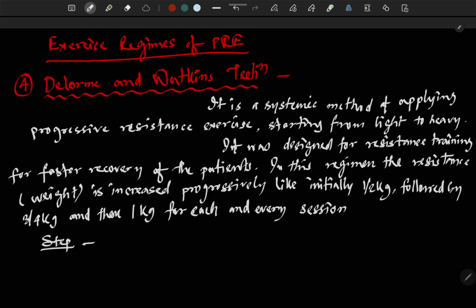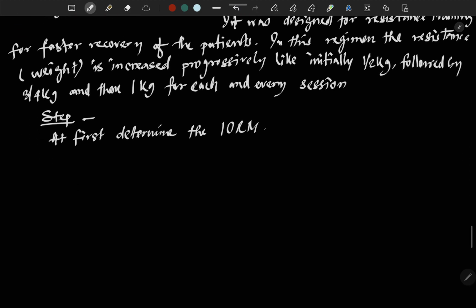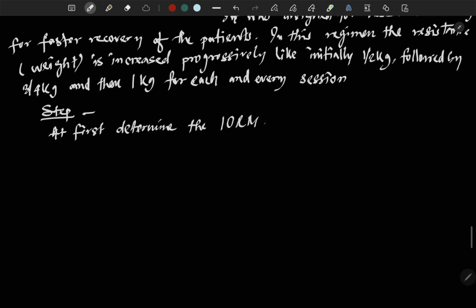Steps: at first, determine the 10 RM. Next, perform 3 sets.